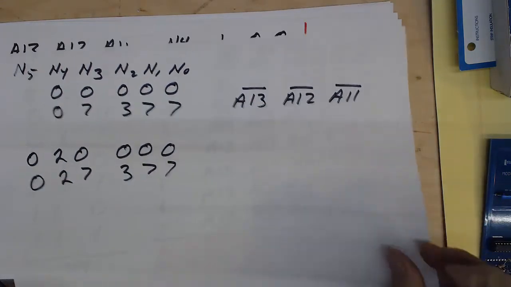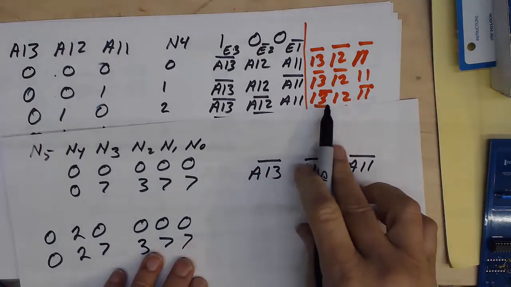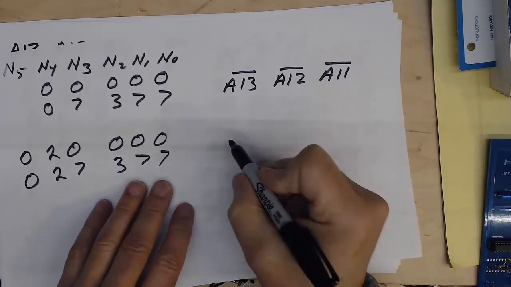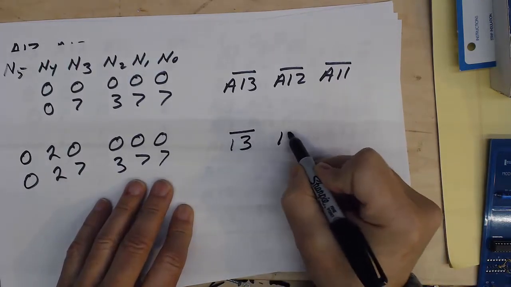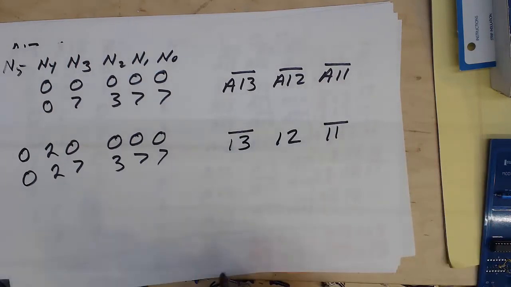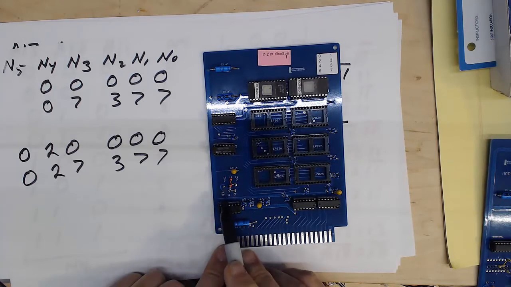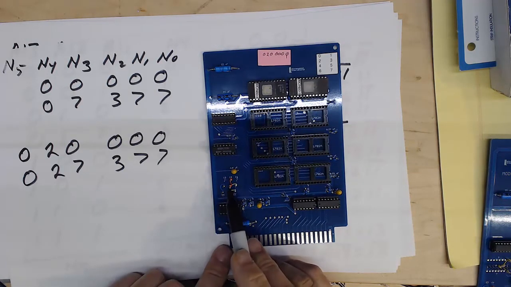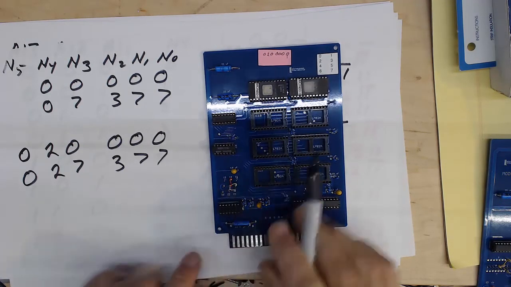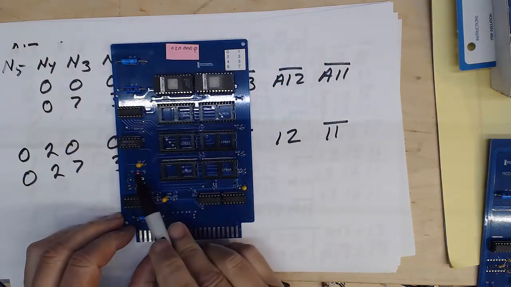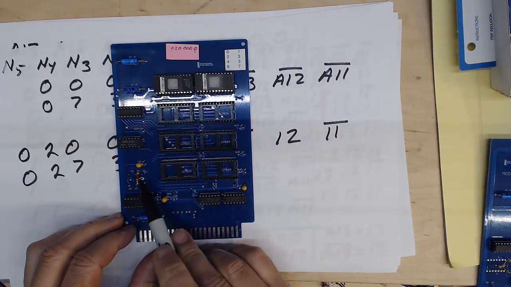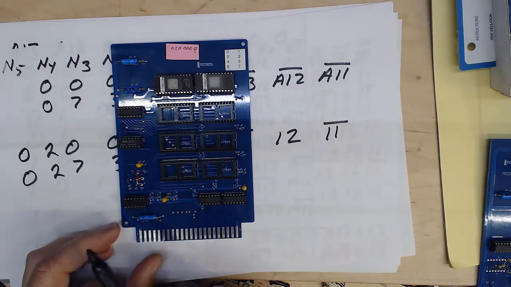So if I want 2, then I would just pick 13 bar, 12, 11 bar. And this is my E3, it's connected to 13 bar. This is my E2, it's connected to 12. And this is my E1, and it's connected to 11 bar.